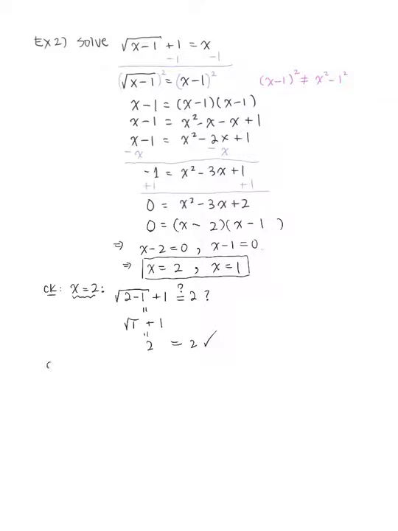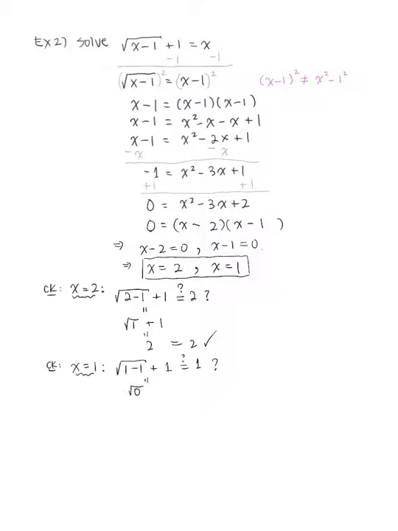Now let's check when x equals 1. All right, we're going to do the same thing. Plug this value back into our original equation. So we got square root of 1 minus 1 plus 1. Is it going to equal 1? All right, so that's the question that you need to be asking. So let's compute the left-hand side.